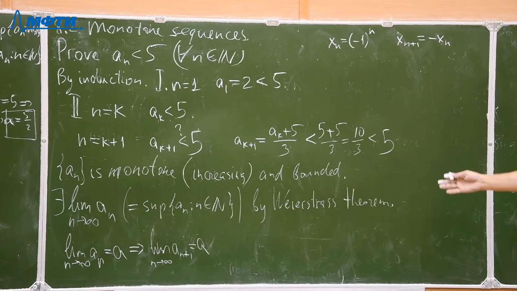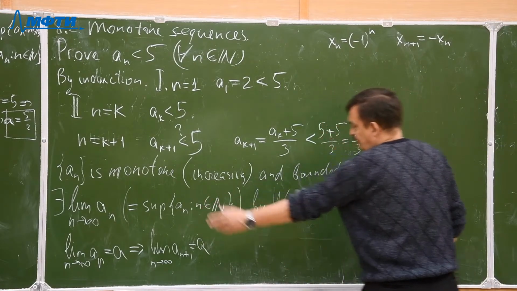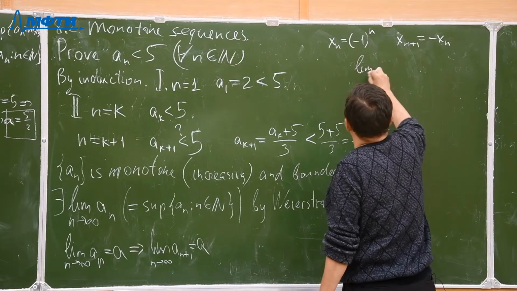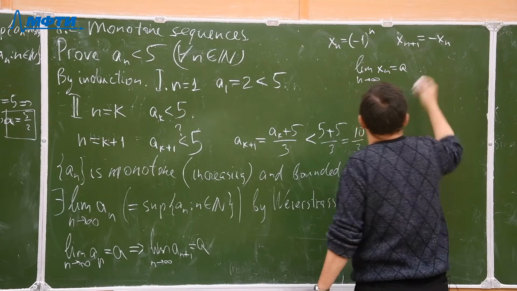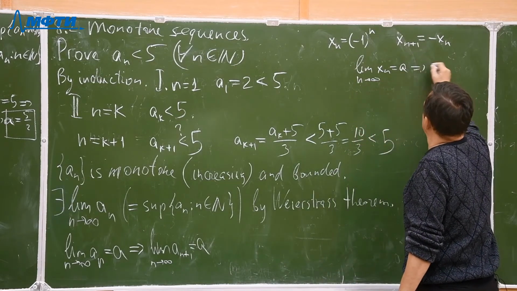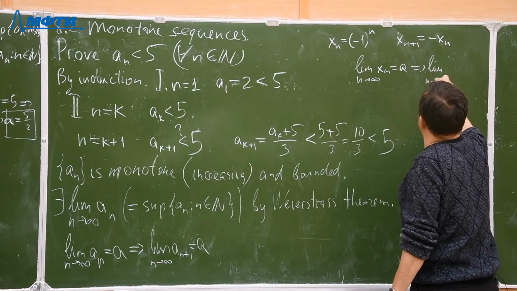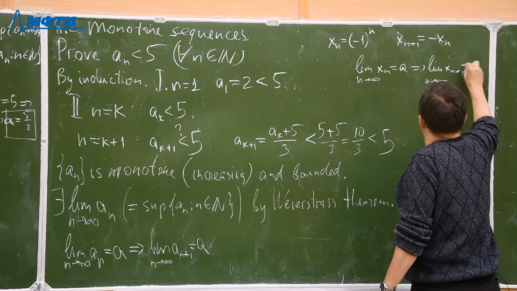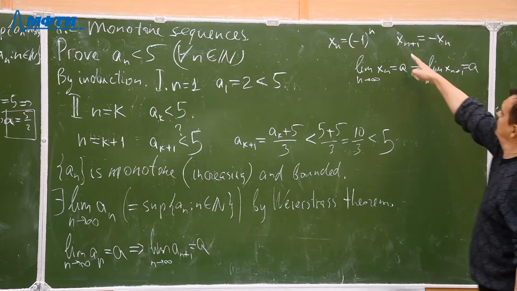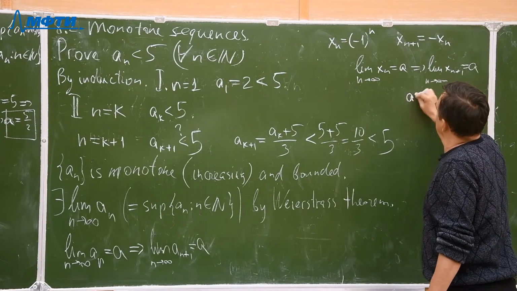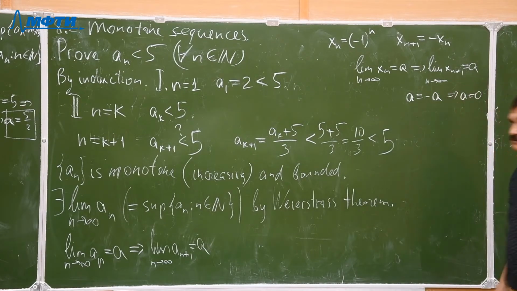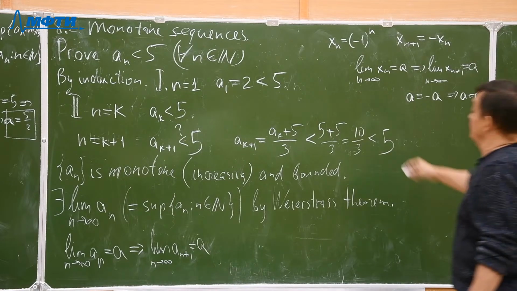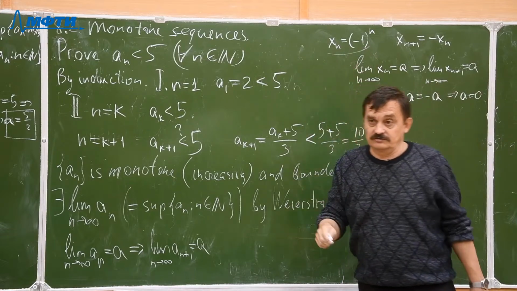Then, look, if we repeat the last part, denote the limit of x_n equals a, then the limit of x_{n+1} is also a, and what do we have from this? a equals minus a, hence a equals 0. That is not true. We know the sequence x_n is divergent.